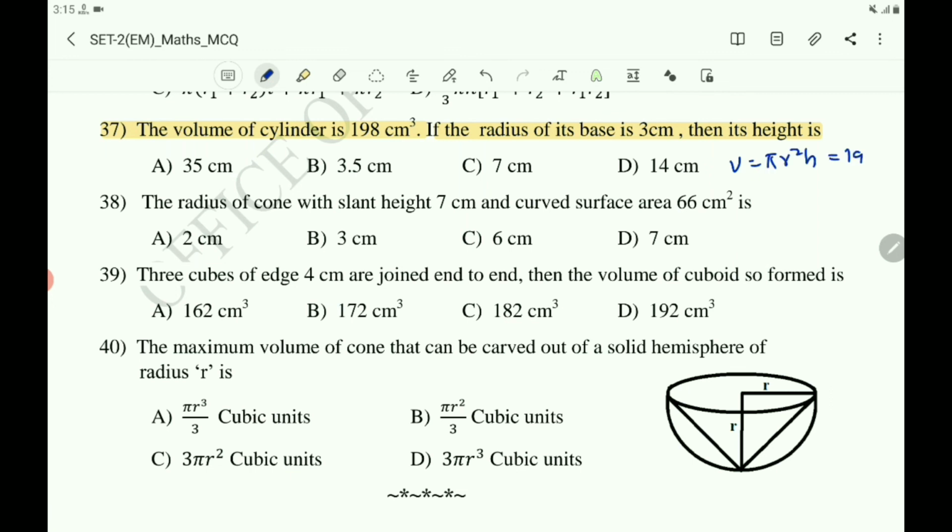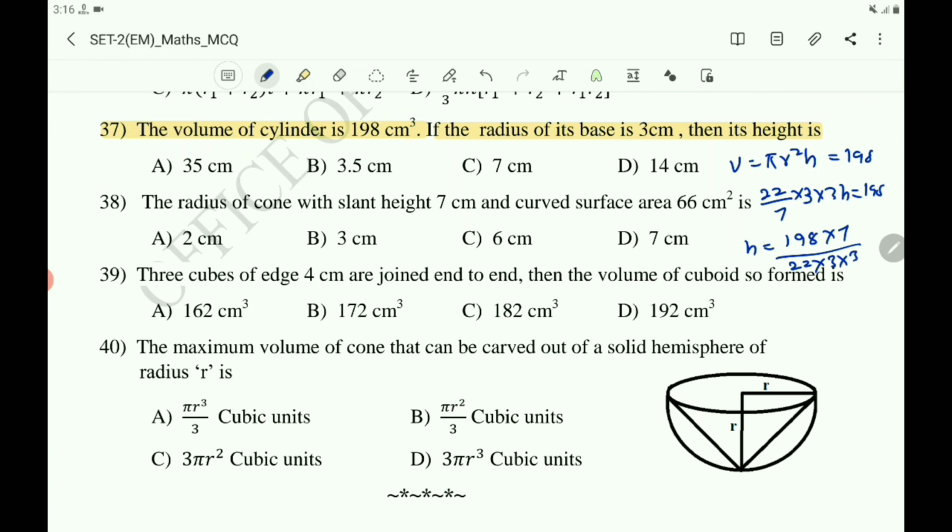Volume is given as 198, so 22 by 7 times 3 times 3 times h equals 198. So h equals 198 times 7 divided by 22 times 3 times 3.